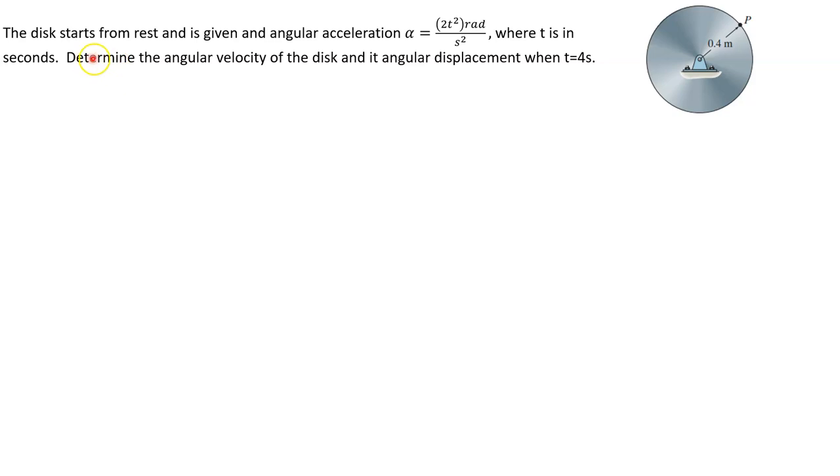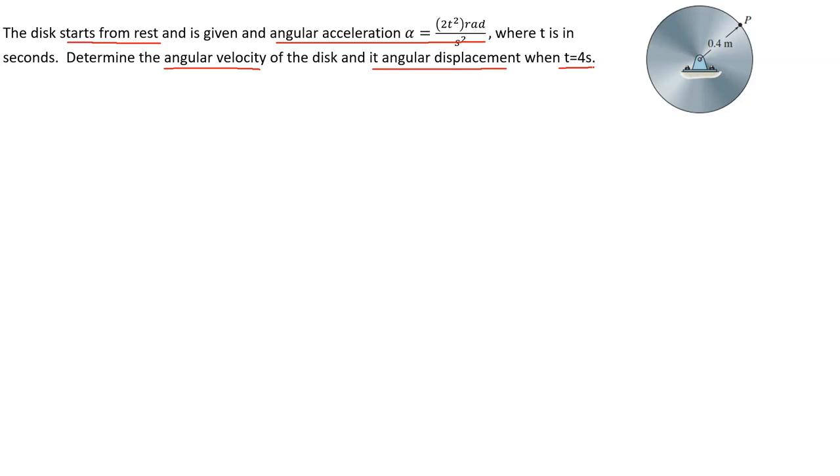But there are a few things that I want you to take into account. Now let me go ahead and make this into a pen. First, the disk starts from rest. It's given an angular acceleration expressed as a function. Determine the angular velocity of the disk and its angular displacement at a very specific time.